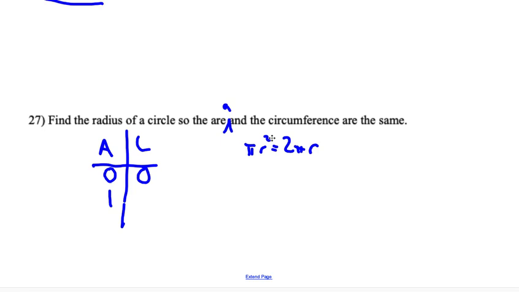If we plug 1 in, pi times 1 squared is pi, which means the area is equal to pi, and 2 times pi times 1 is 2 pi. So for radius 1, we get an area of pi and a circumference of 2 pi. So if you were to continue this table, experimenting with different radii, I suspect strongly you'll figure out exactly what radius it takes to get the area and circumference to be the same. That's it.